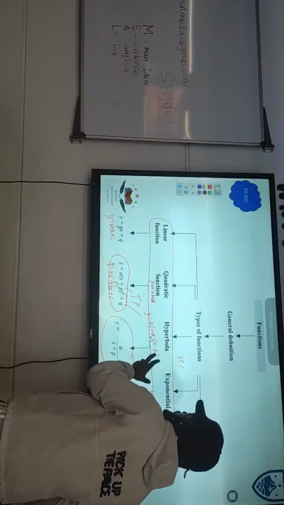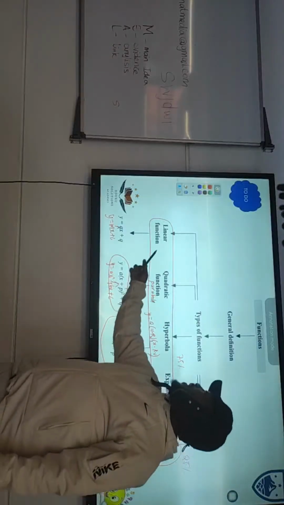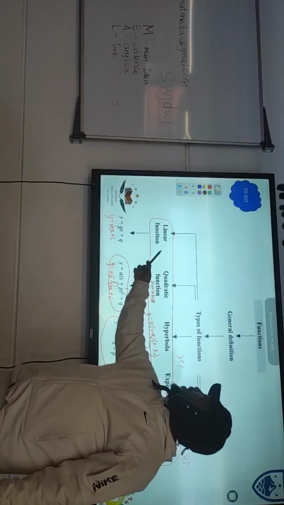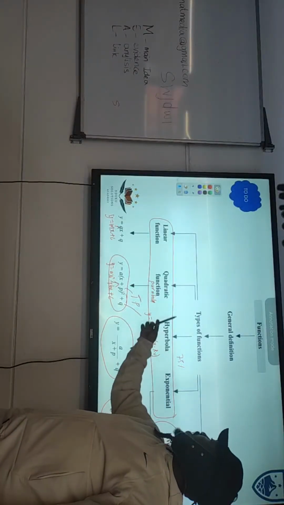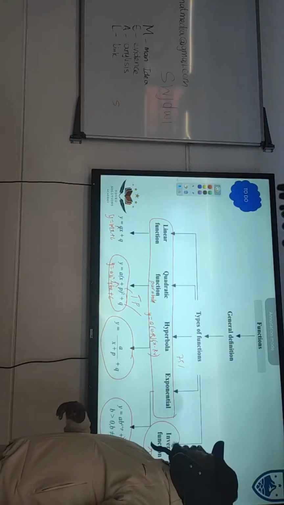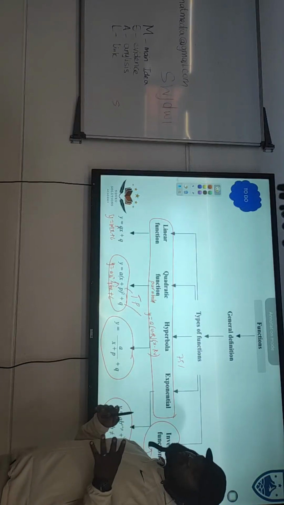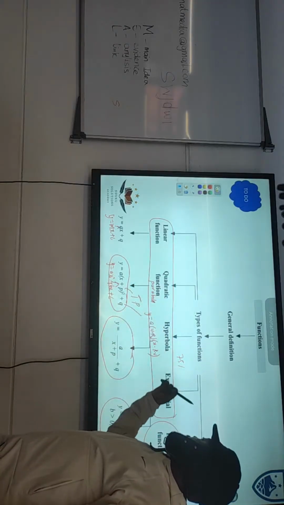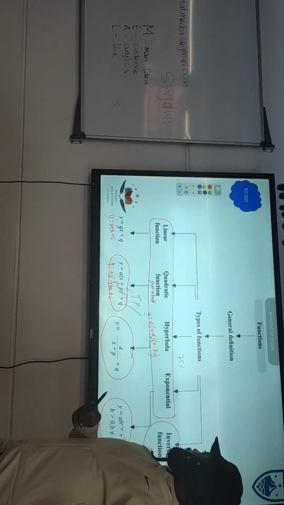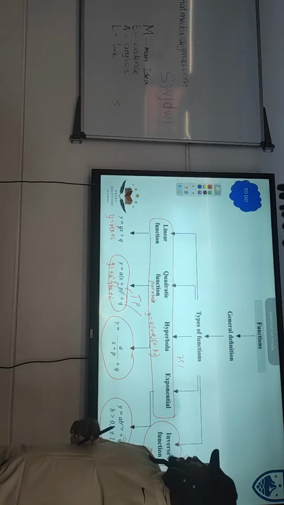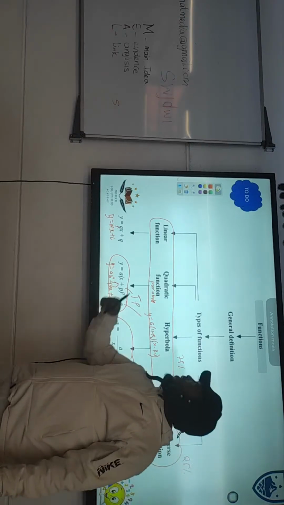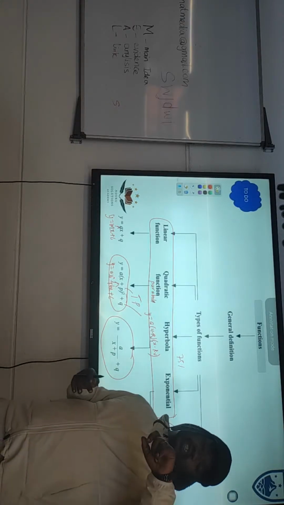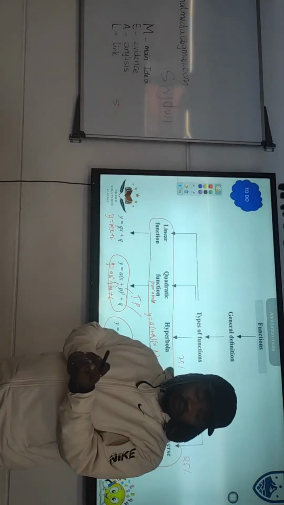It can either be a linear and a quadratic, a linear and a hyperbola, maybe an exponential and a quadratic, but we will always pick two. So it's easier to take linear and quadratic, linear and hyperbola. But sometimes examiners can just wake up and take 3 graphs, linear, quadratic and exponential at the same time. But you just need to have the skill to be able to solve that.